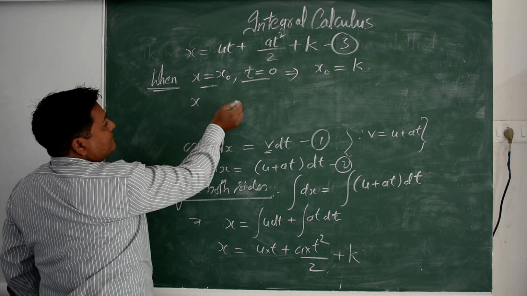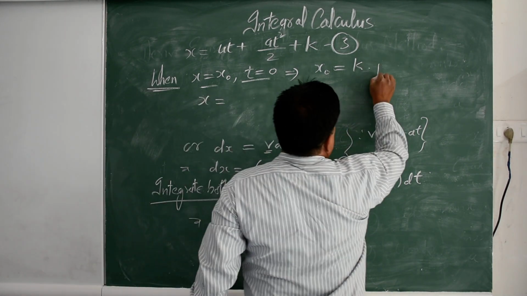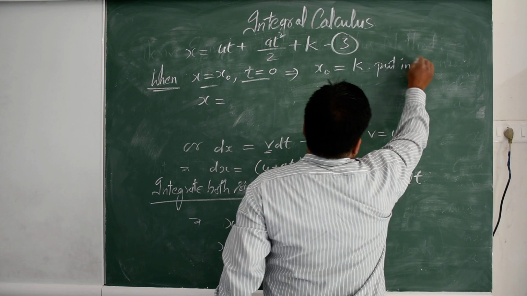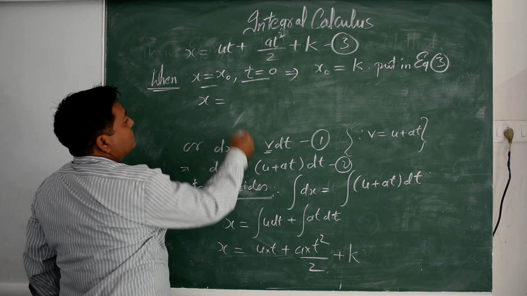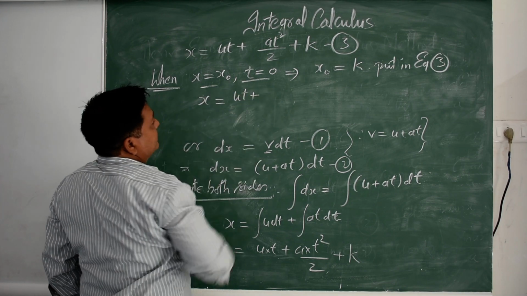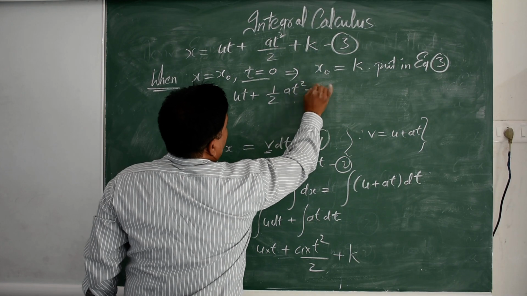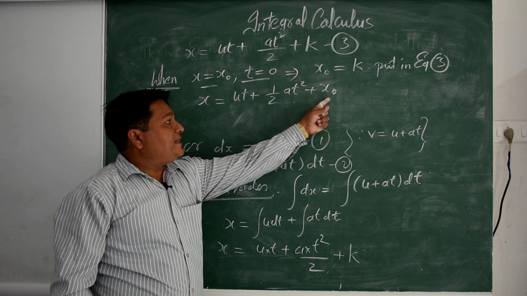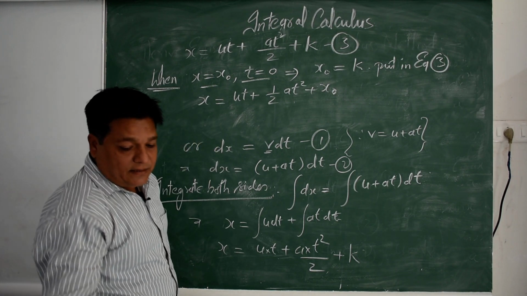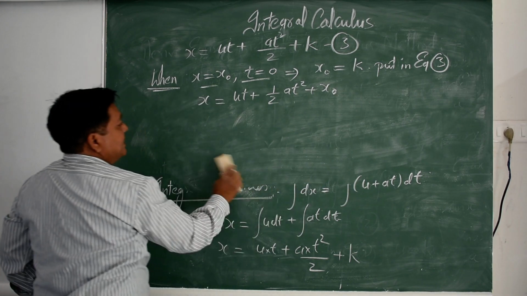Putting it in equation 3, x is equal to ut plus half at square plus x naught. We transpose this x naught to the LHS side.